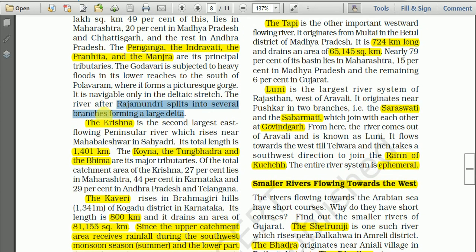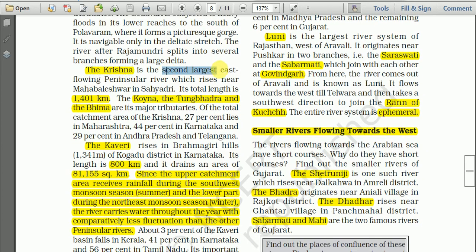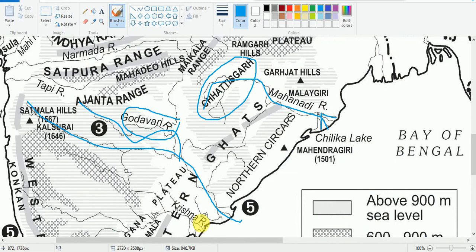And next we have the Krishna River. The Krishna is the second largest east flowing peninsular river, which rises near Mahabaleshwar in Sahyadri. Krishna rises in the Mahabaleshwar hills in Sahyadri. Sahyadri here refers to the Western Ghats. As you know, Krishna River is rising from here.